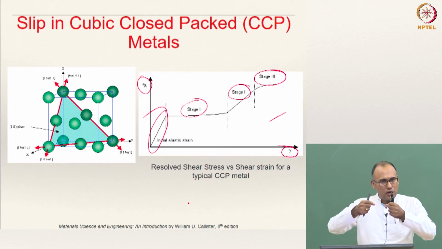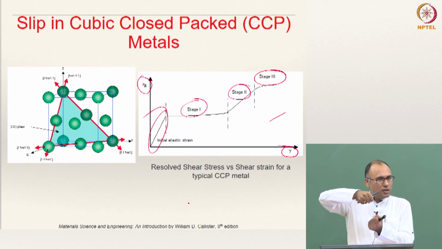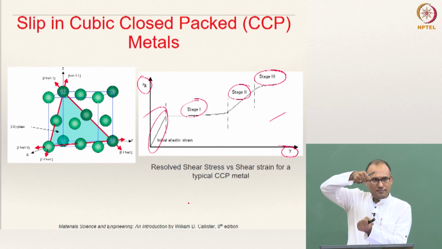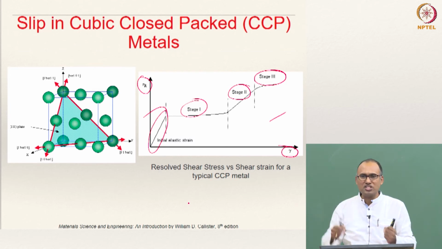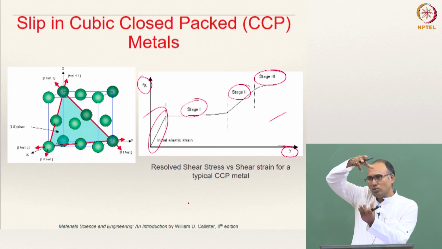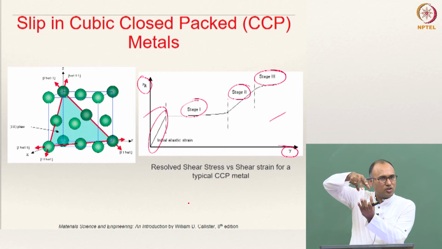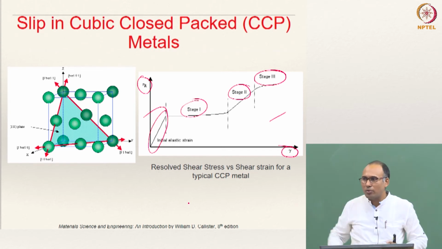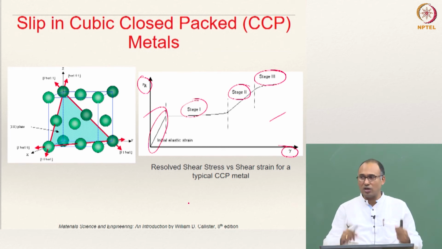So when you are applying a load on a crystal lattice, the first thing that you will do is to stretch the bonds, isn't it? So that stretching of the bonds is your elastic deformation. As long as you are not breaking the bonds, the moment you remove the load, the system comes back to its original configuration. Only when you break the bond, it will not be able to come back to its original configuration. That is what we are calling plastic deformation.